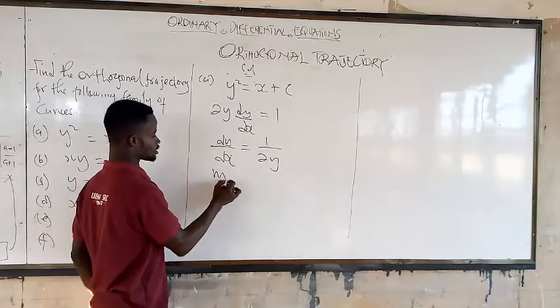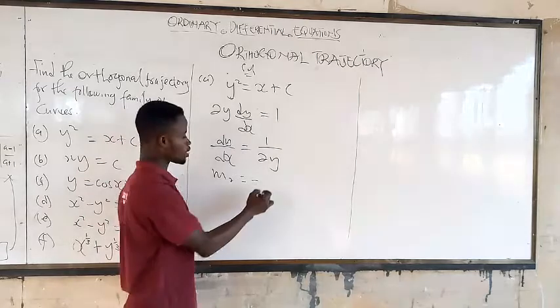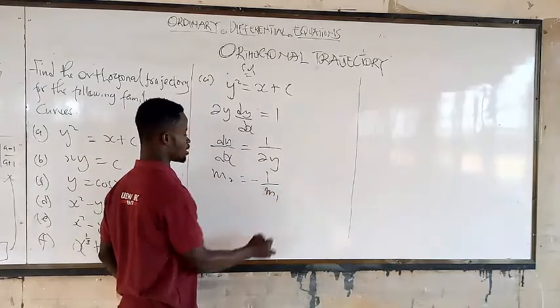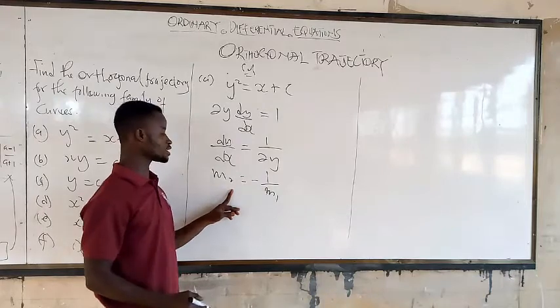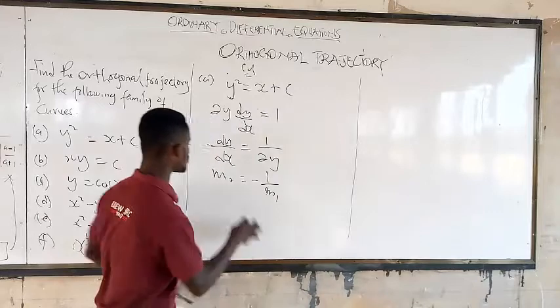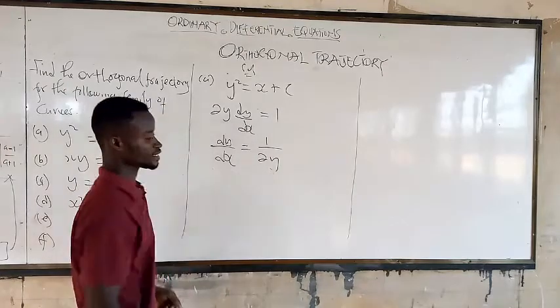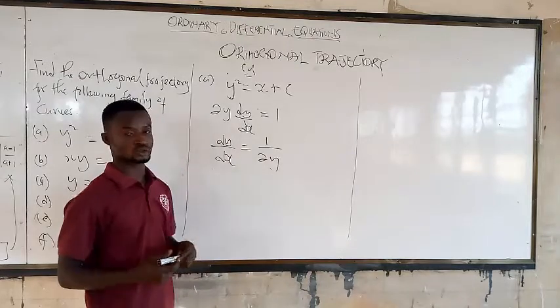So to get the m2, you take the negative reciprocal of the first one. The m1 is representing this, and the m2 is representing when you are taking the negative reciprocal. Normally, people forget to take the negative reciprocal after getting the first one.